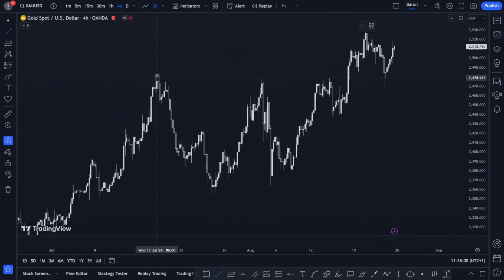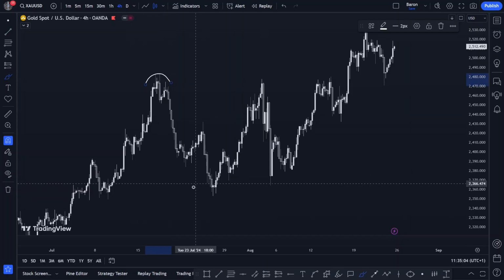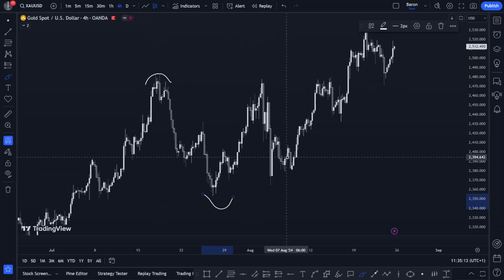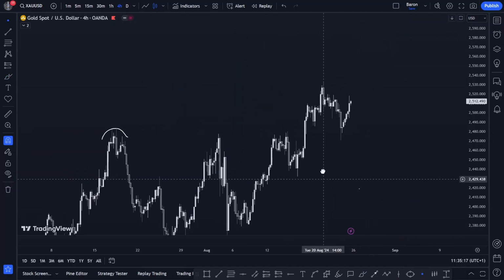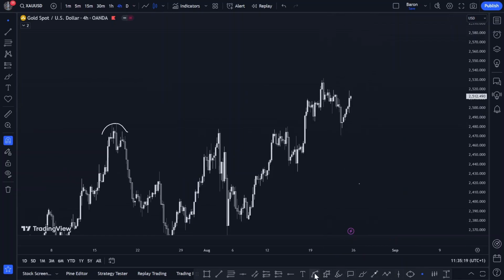So this one here is our major swing high, and our major swing low. We see that this one here is not our major one. Why? Because they didn't break this previous major swing high here, so we cannot count it as our major swing high. Okay, so now this one here is our latest higher high, which is here.